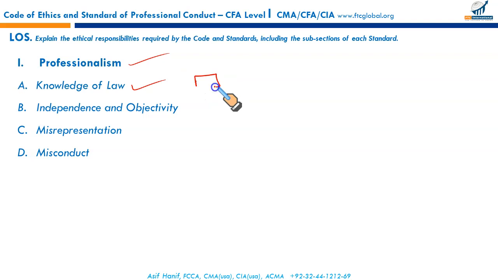Let's say now there are 2 conflicting laws, A and B, on a certain subject matter, and A is relatively stricter, so follow A. That's the idea. You must comply with the more strict law, more strict rule, more strict regulation. You must not knowingly participate or assist in any violation of law, any violation of rules, or any violation of professional practice.